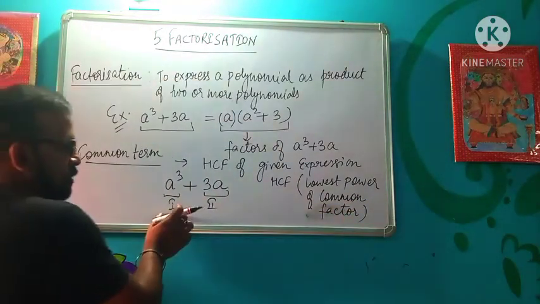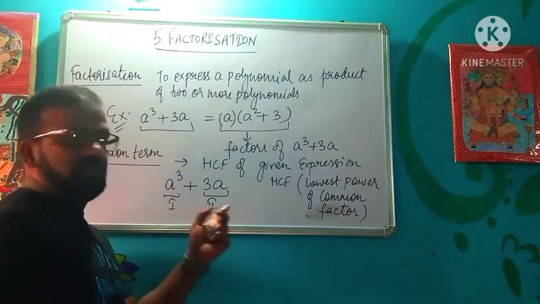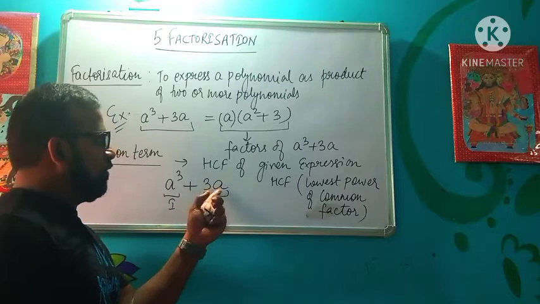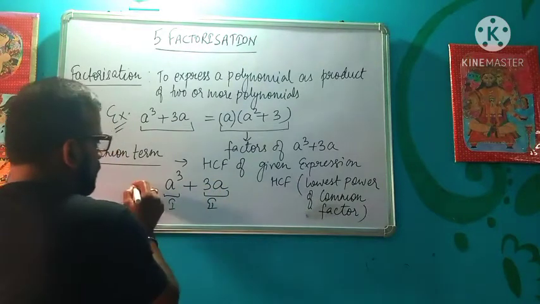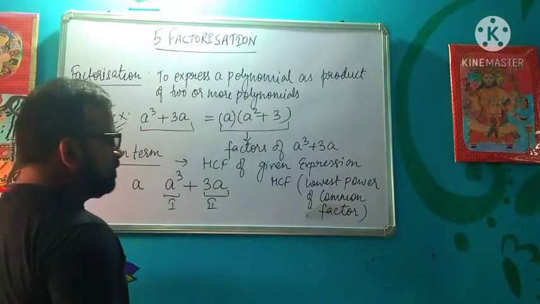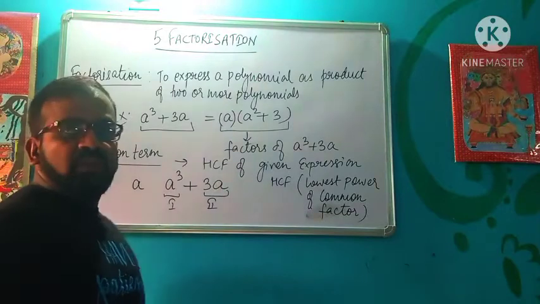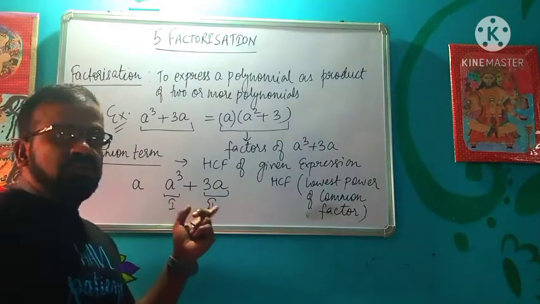In this expression, two terms are there. Among a cube and a, the lowest power of a is a, so we can take a as common. Then 1 and 3, so we can take only 1 as common.